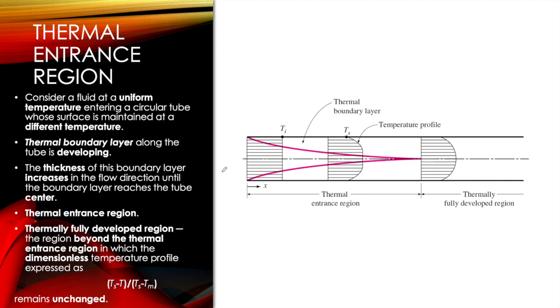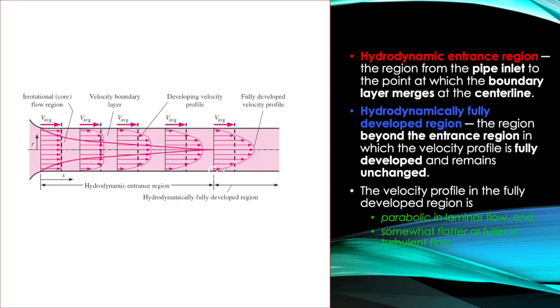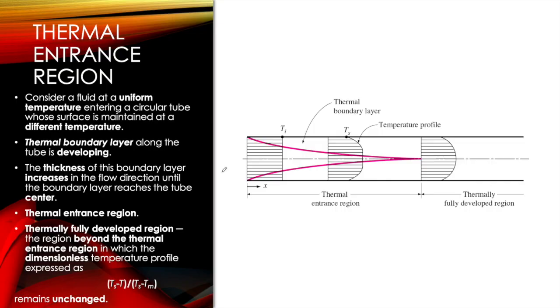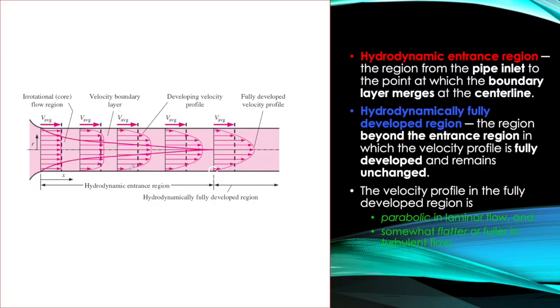Okay, as we can compare to the velocity entrance region, when we look at the thermal entrance region, the fluid layer will remain as it is. It will remain in this kind of form as the x coordinate increases. For the temperature profile, as we can see here, for the velocity, the fluid layer will stick to the pipe wall and the velocity at the pipe wall will be 0 meters per second.